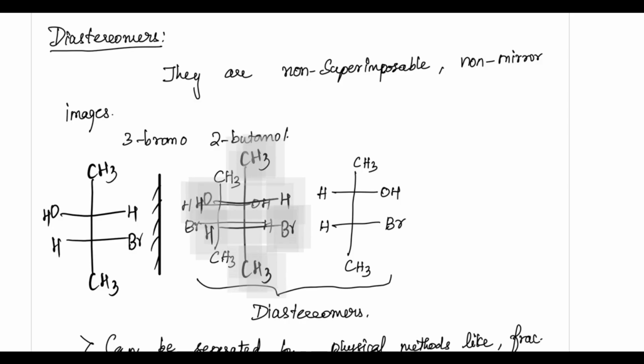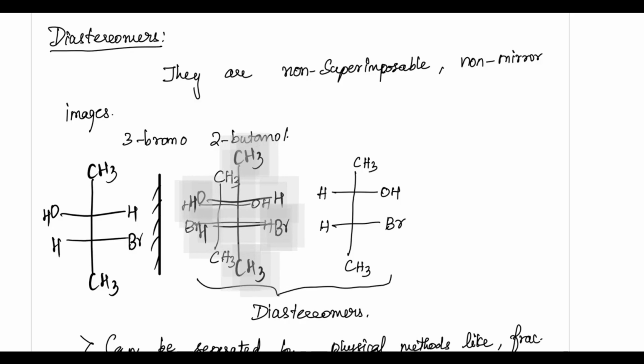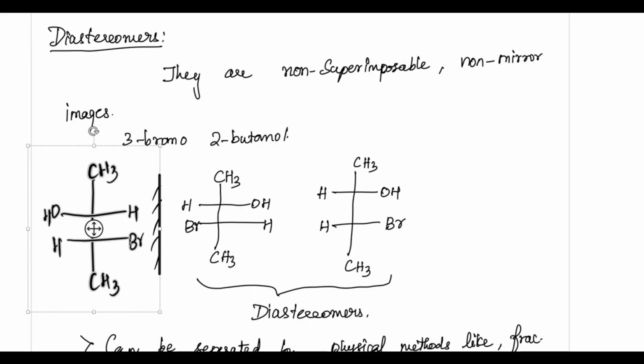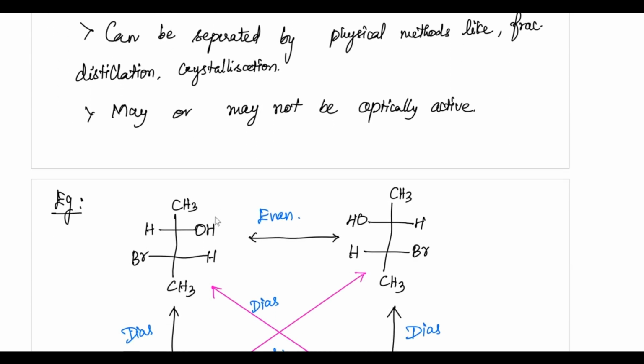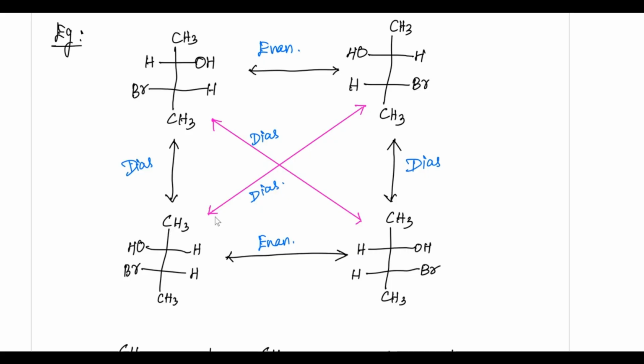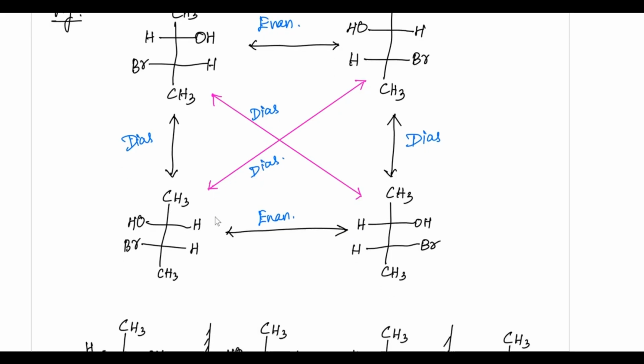Like you can see OH on one side, H and Br, like that. So these two are enantiomers. These are not mirror images and not superimposable, which are diastereomers, which can be separated by physical methods like fractional distillation, crystallization, etc. This is the entire picture given for enantiomers and diastereomers.